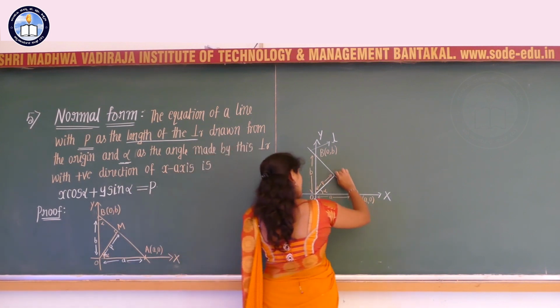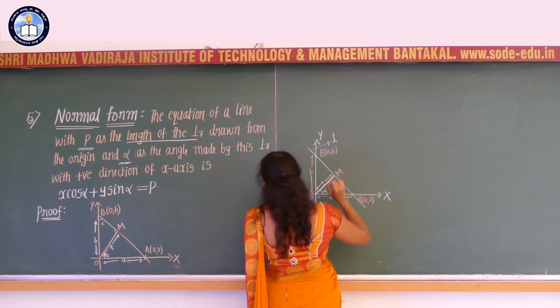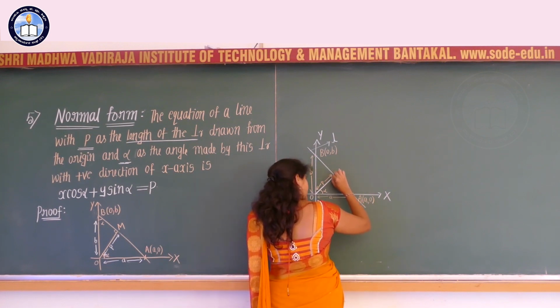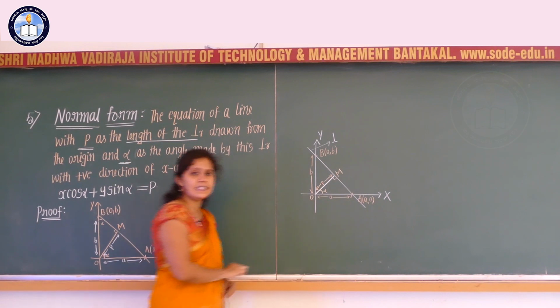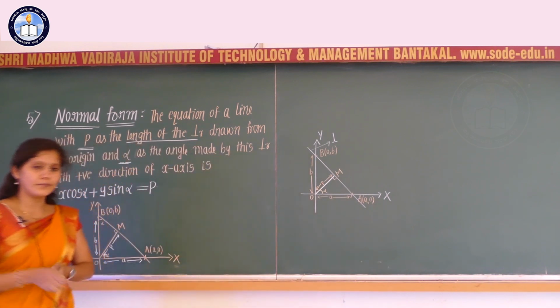I will name this as OM, and since this is a perpendicular, we have the angle 90 degree at that point of intersection.